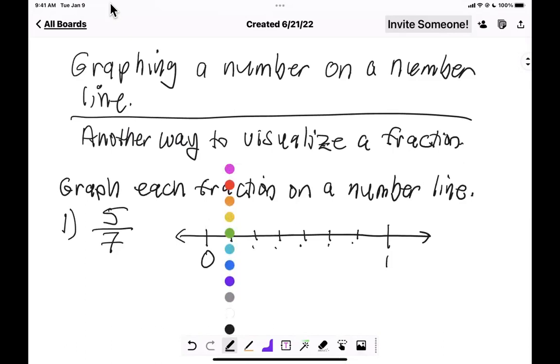I have 7 pieces between 0 and 1. Perfect. Okay, let me erase this. Now, if I want to represent 5/7 on a number line, I would go to the 5th one. So 1, 2, 3, 4, 5. This is 5/7. Because there's a denominator of 7, I have to make 7 equal pieces to show my 5/7.